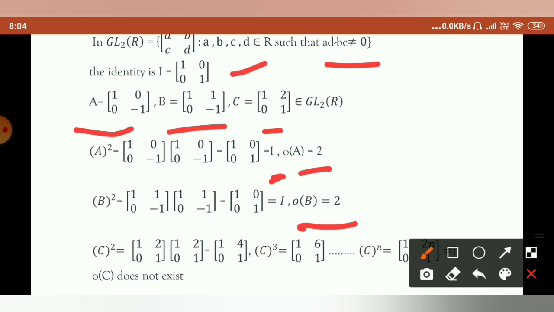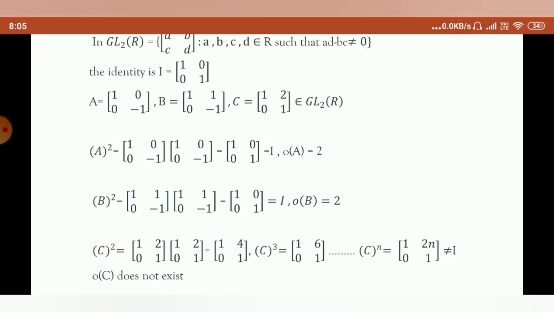Now for c, when c is multiplied with c, we get this as a result, and it is not identity, so we have to continue multiplying it with itself until we get the identity element as the result. So when c squared is multiplied with c, that means c cube is 1 6 0 1, and continuing in this way we can see that there is a relation between the power of c and the number here, right?